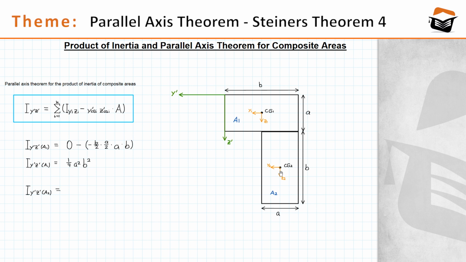And unlike with area moments of inertia, the algebraic sign of the distance matters for the product of inertia. Since the rectangle is symmetric around both the y and z axes, the value of I sub yz is going to be 0, as it was the case for the rectangle A1.